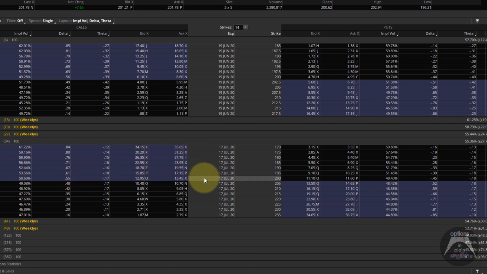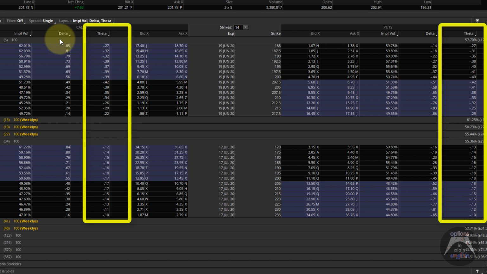So for example, we have here a few of the strikes for the 6 days to expiration and for the 34 days to expiration. And what you can see here, this is theta, and this is delta.